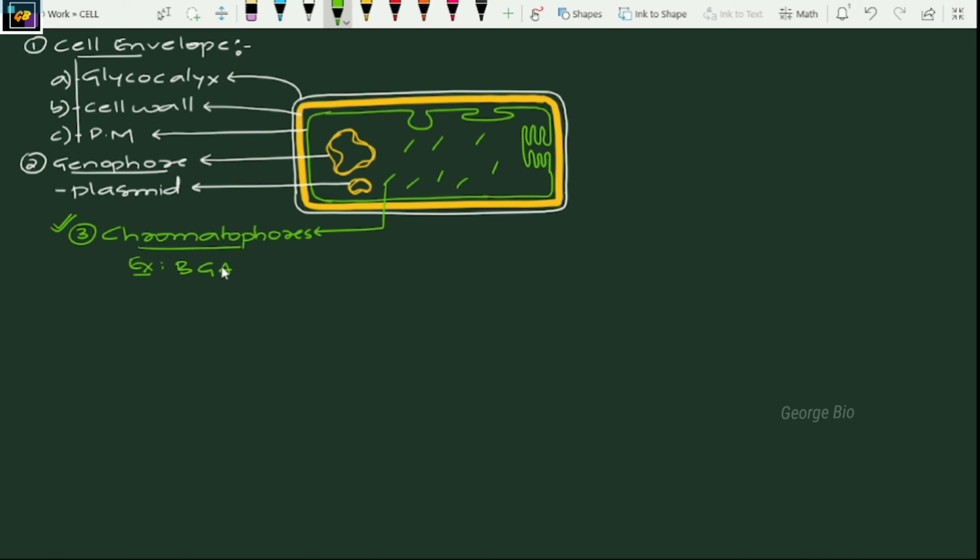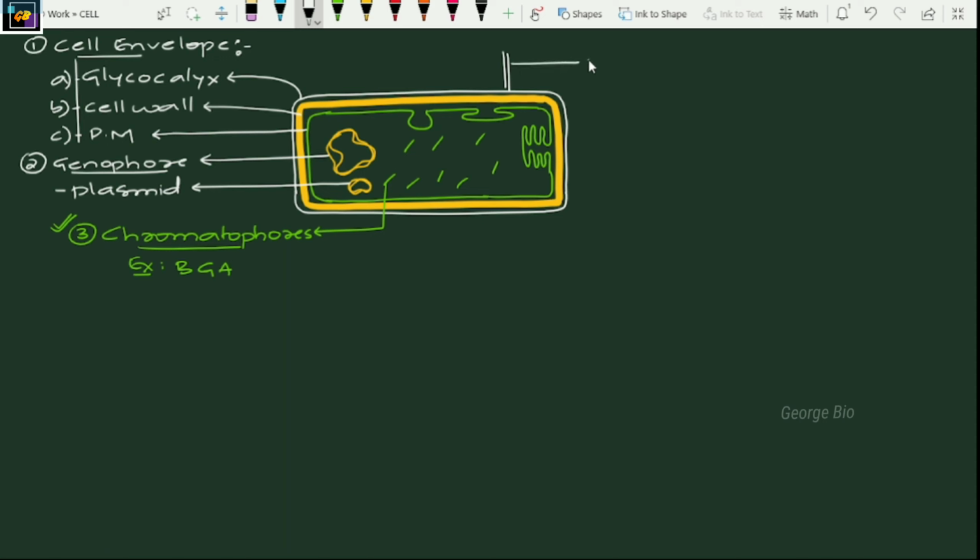Now, apart from these structures, a bacteria consists of surface appendages or extensions, you can say. Now, these extensions may help in conjugation or attachment, or they also help in providing motility to the cell. These extensions can be tubular.